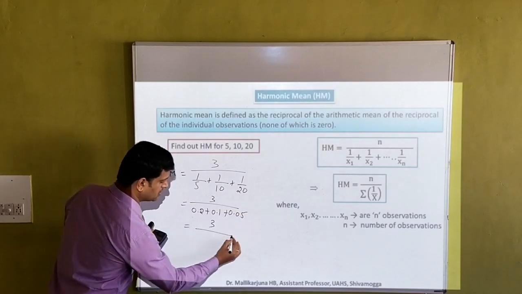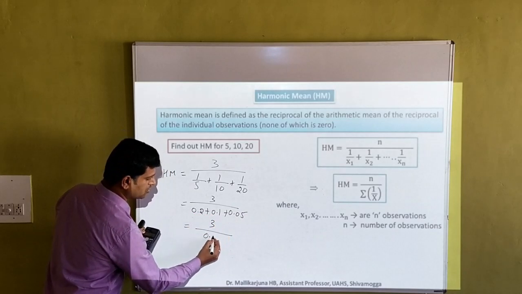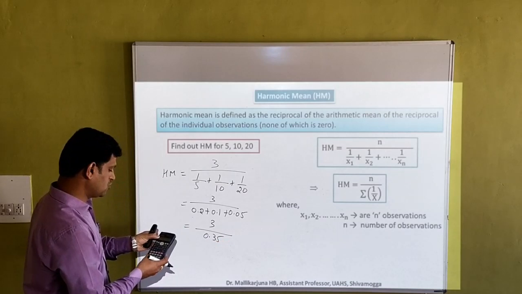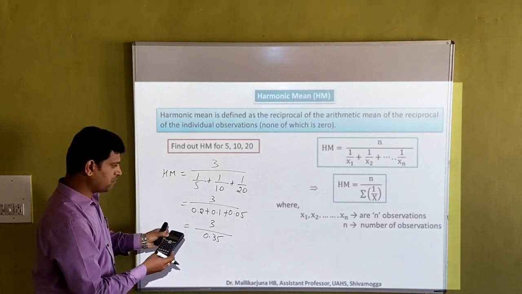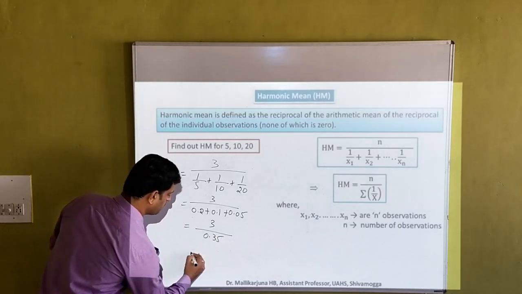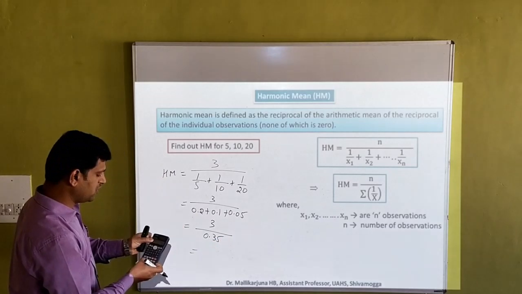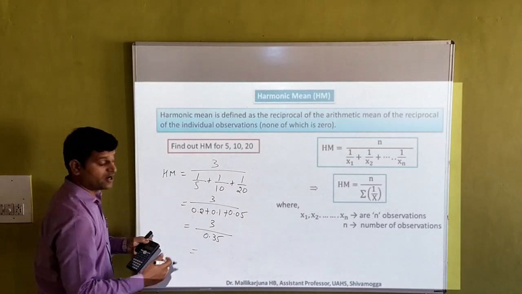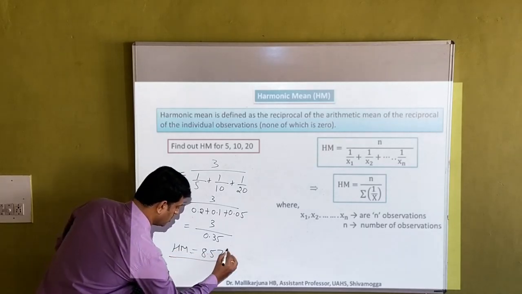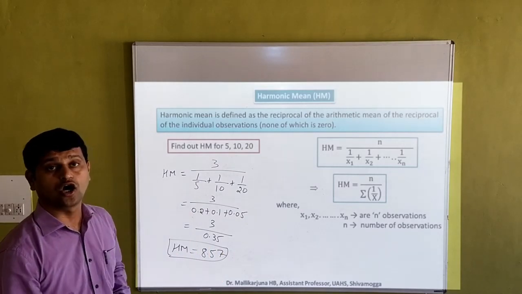So 0.2 plus 0.1 plus 0.05 is 0.35. Finally, 3 divided by 0.35 is equal to 8.57. 8.57 is the harmonic mean. In this way, we can calculate the harmonic mean.